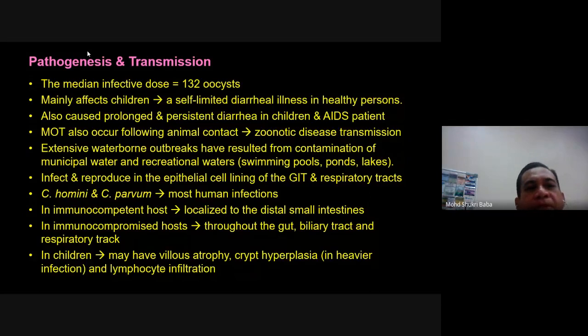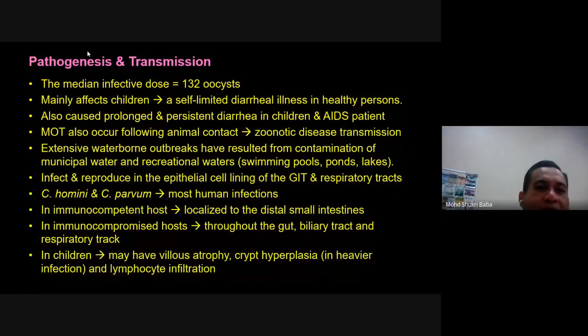It mainly affects children, causing a self-limited diarrheal illness in healthy persons. It also causes prolonged and persistent diarrhea in children and in AIDS patients. Mode of transmission also occurs following animal contact, which leads to zoonotic disease transmission.